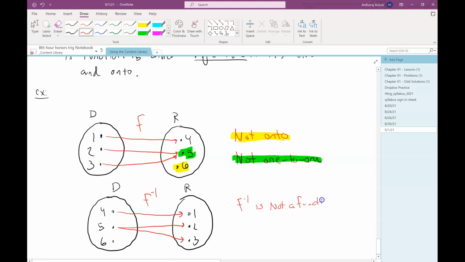One reason it's not a function, I heard somebody say, is that we have an x that's going to two different y's. Notice that's a result of the original function f not being one-to-one. There's another reason, though, why this is not a function. What's the other reason? Yeah, I have a domain element that doesn't go anywhere. The fact that 6 doesn't go anywhere resulted because f wasn't onto.